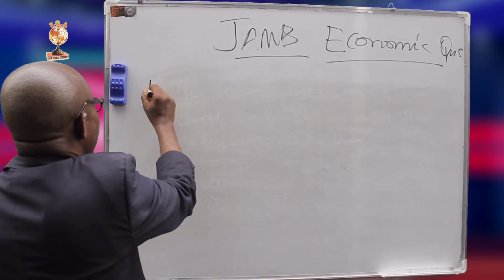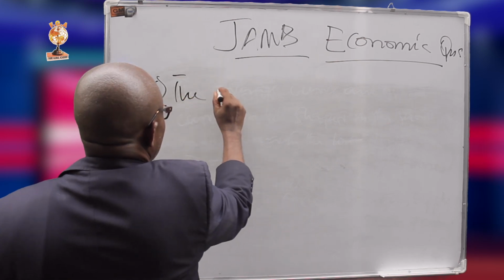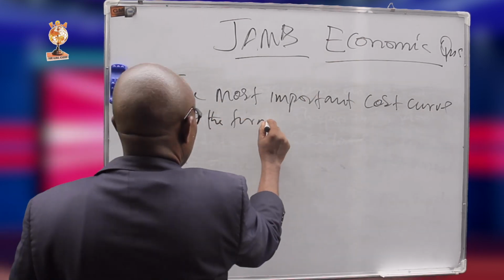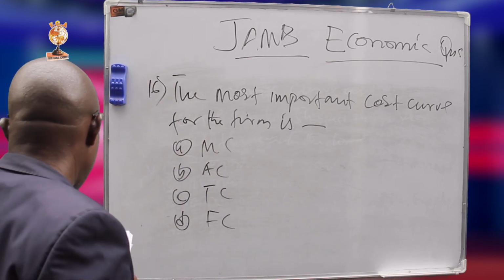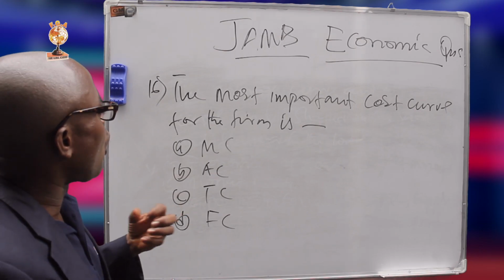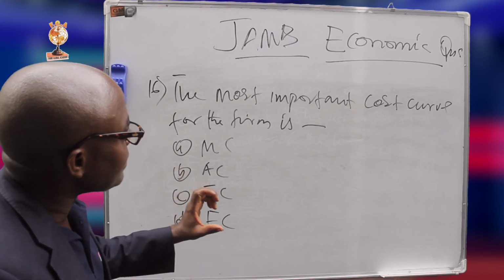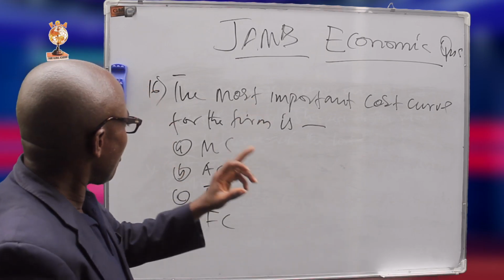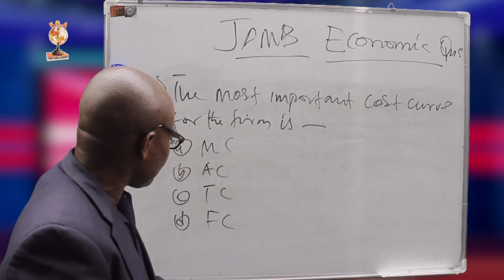The next one here is question number 16. Now, the next question here is the most important cost curve for the firm. The most important cost curve for the firm is dash.